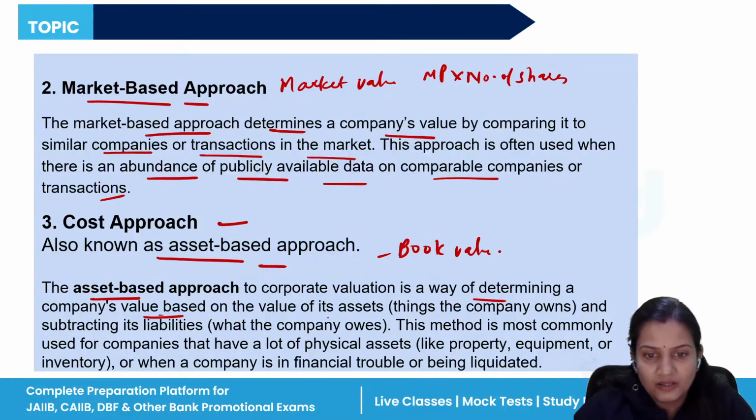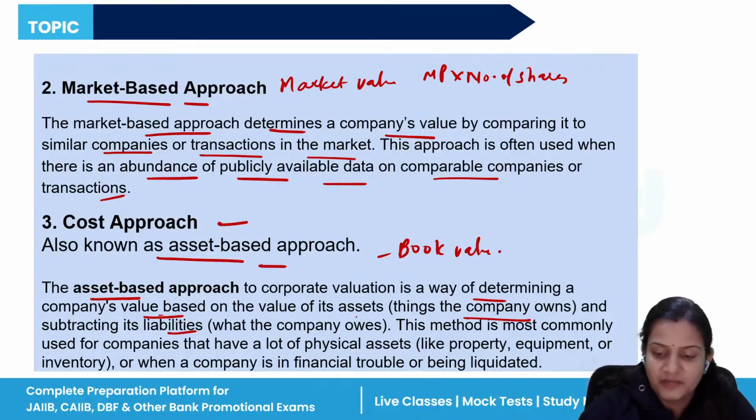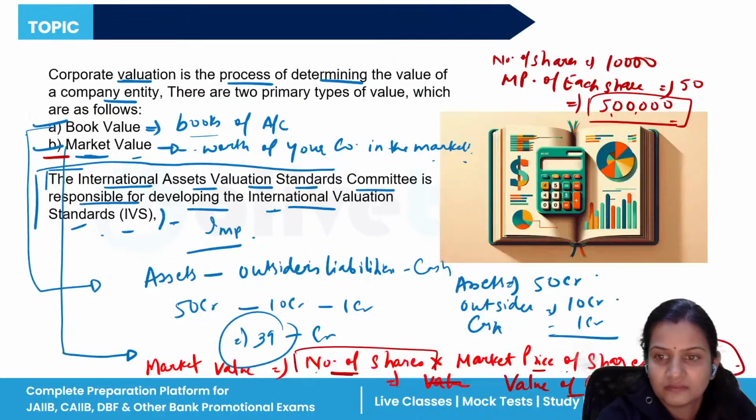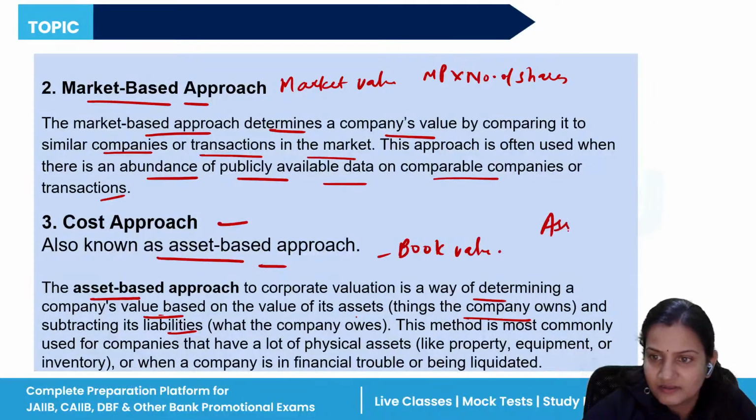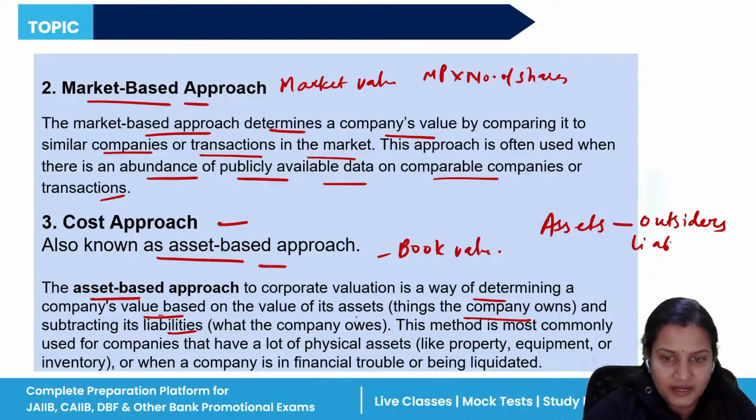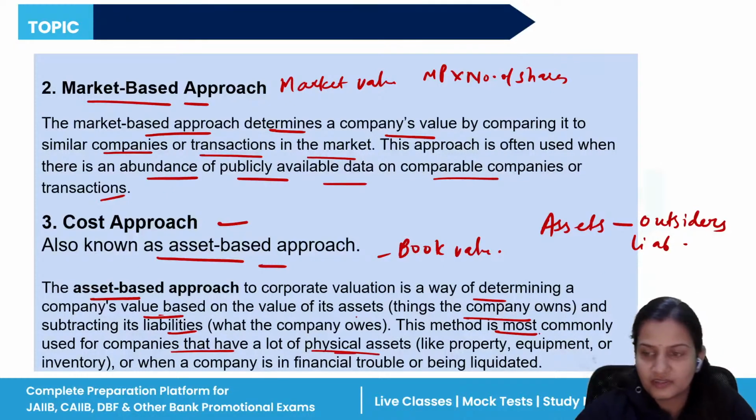Okay. It is based on the value of assets, things the company owns, and subtracting its liabilities, the same as what we have done over here. Assets minus outsiders' liabilities. This method is most commonly used for companies that have a lot of physical assets, a lot of property and equipment.